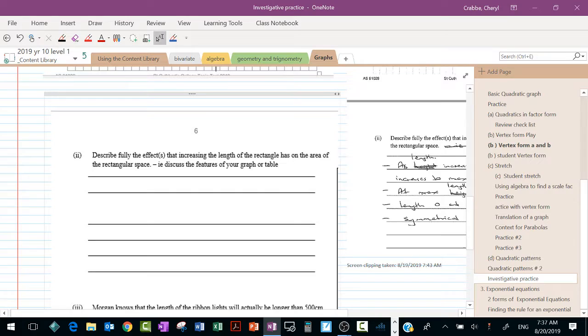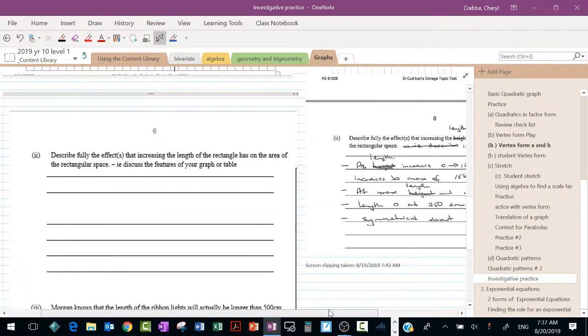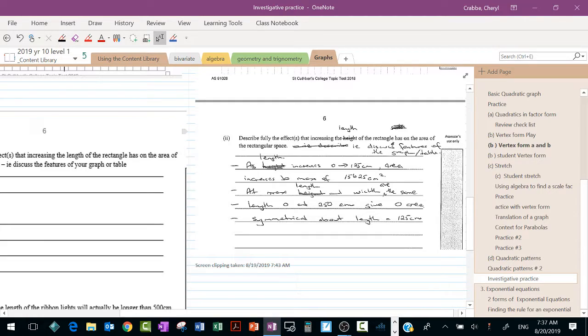And then you describe fully the effects that increasing the length of the rectangle has on the area of the rectangular space. So as the length increases from 0 to 125 centimeters, the area increases and it maxes out at 15,625. And at the max, length and width are the same. That's another thing that you need to talk about.